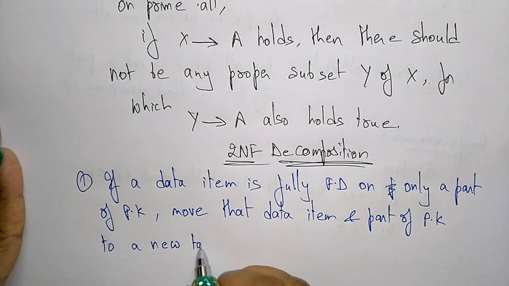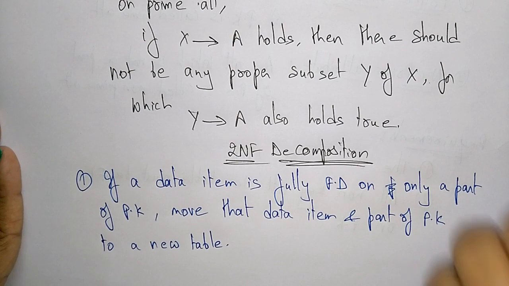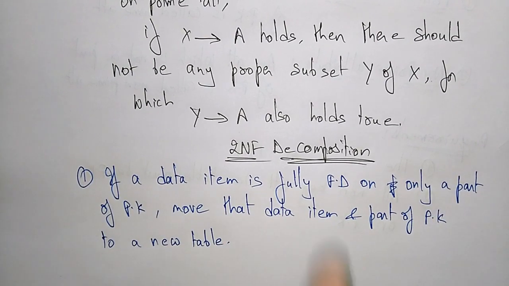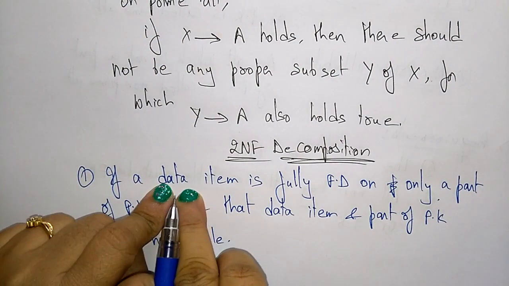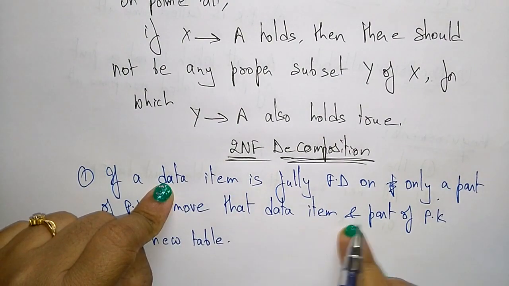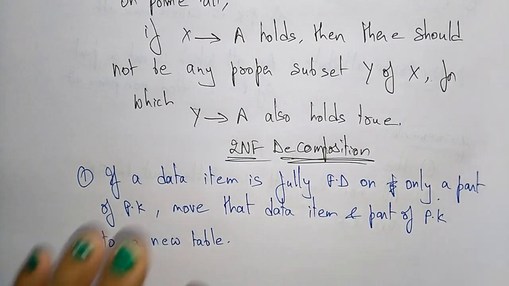This is the first step you have to follow while decomposing a relation into 2NF.